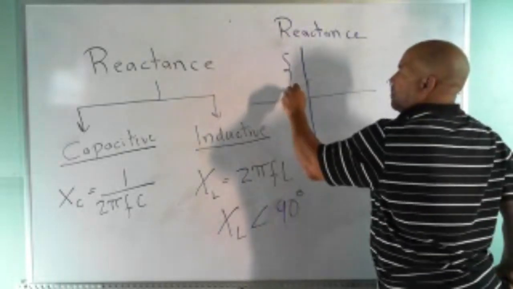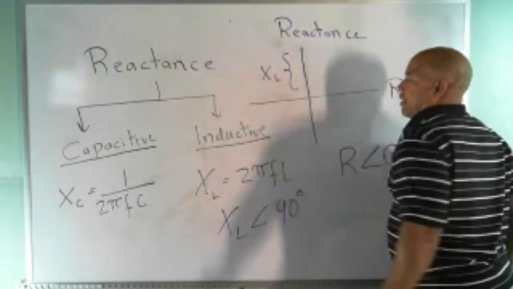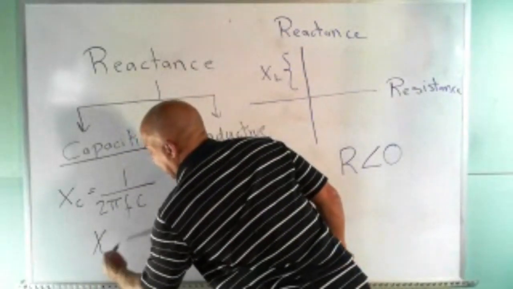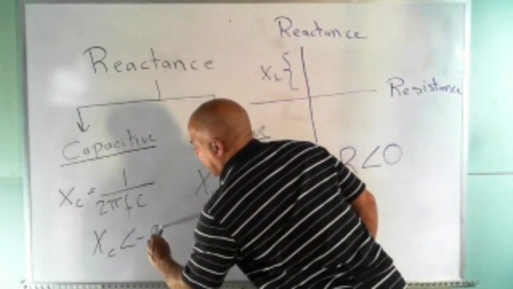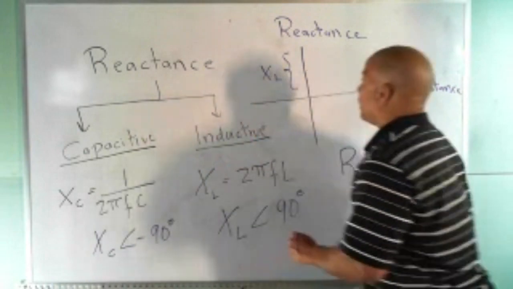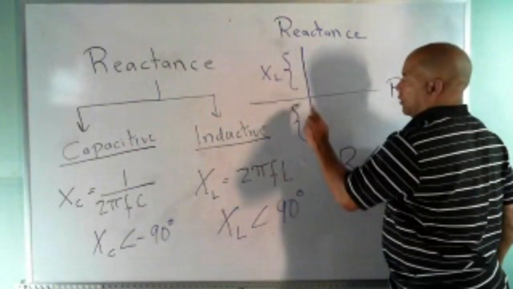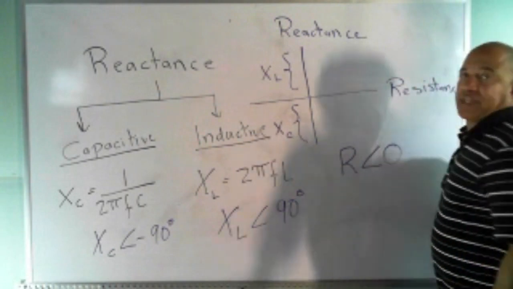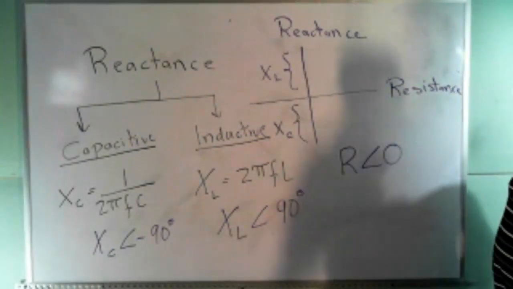And this part of it is XL. And then XC, we learned that it had a phase associated with it of negative 90 degrees. And so any number below the origin on that vertical axis is XC. So those are imaginary numbers, and we talked about that.